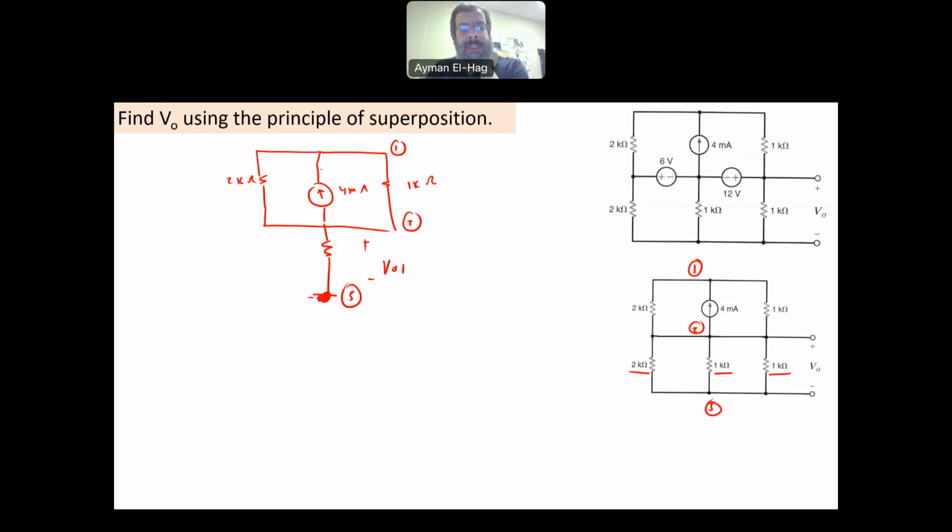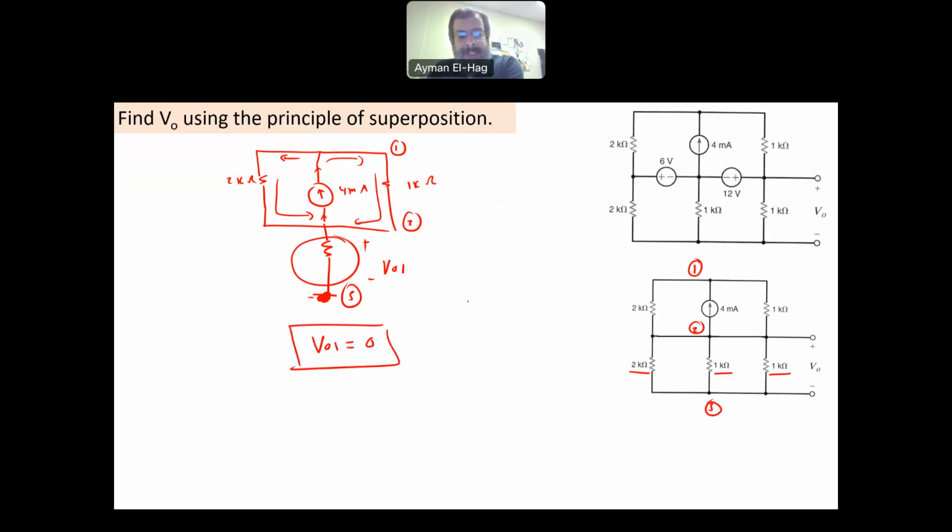So the current will go here, split here and there, come back from this side, and keep on circulating. No power, no energy will be supplied to this floating branch. Hence, your V01 is equal to 0.